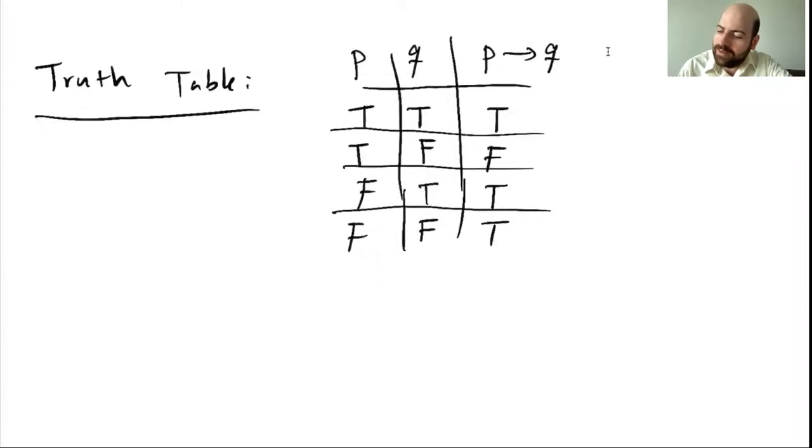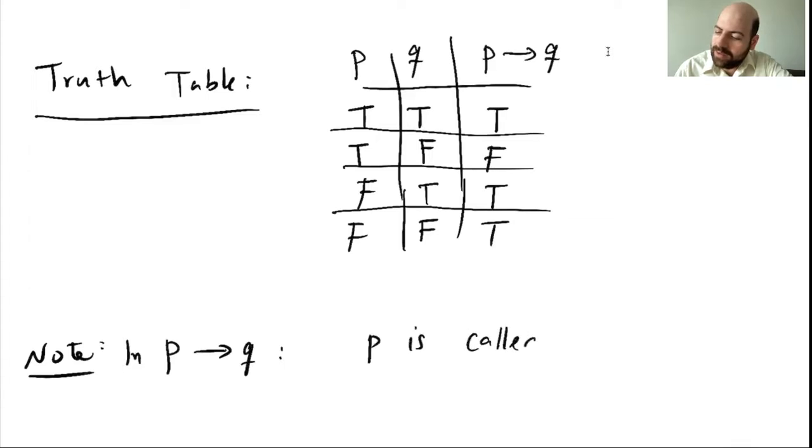Okay, so note, when we say P implies Q, P is called the hypothesis, and Q is called the conclusion.